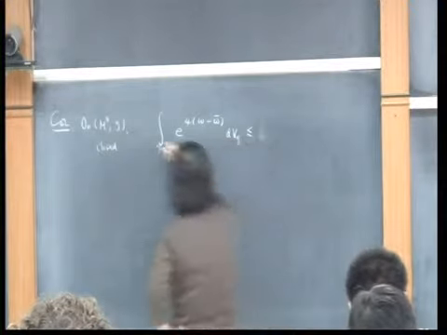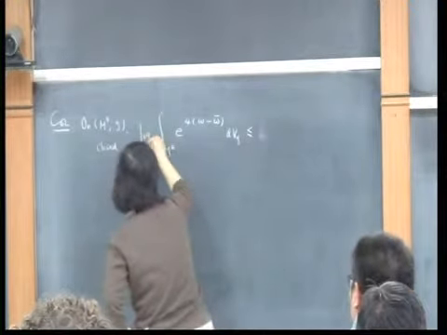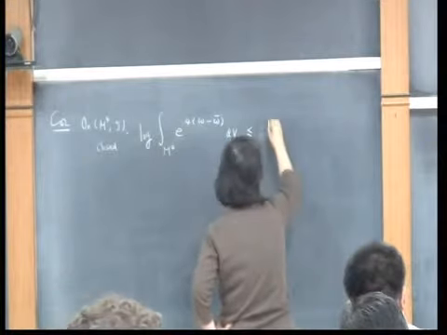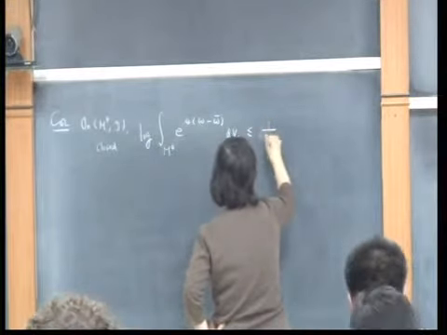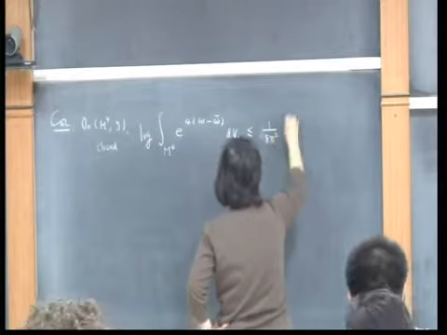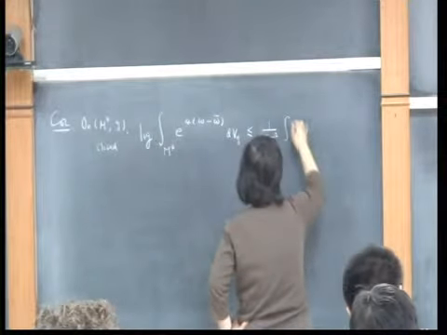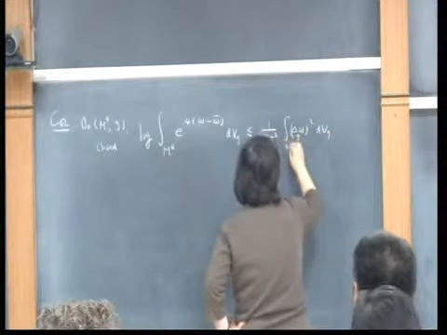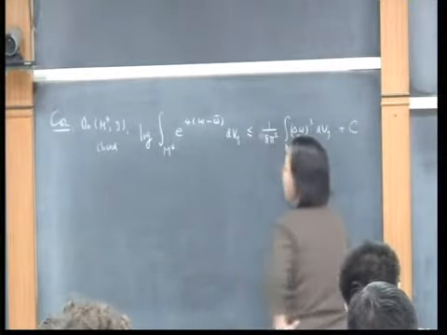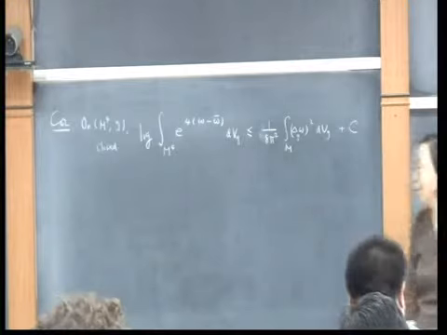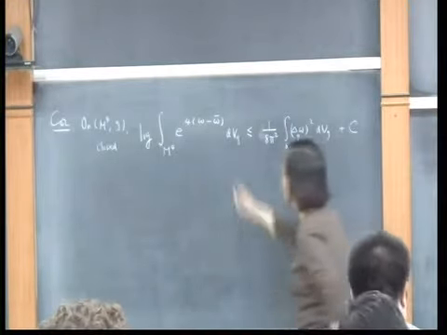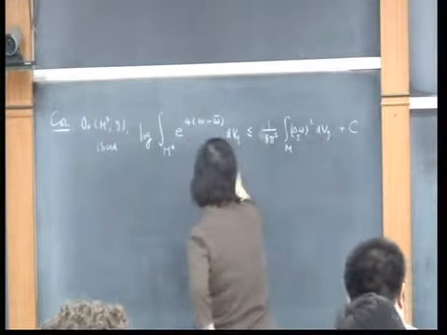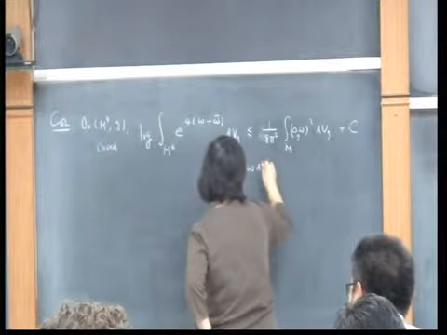Let me put log on both sides, and then that is less than or equal to 1 over 8 pi squared times the integral of W squared dVg on the manifold, plus a constant. So there exists a constant such that, where W bar now is the mean value of W over the metric.